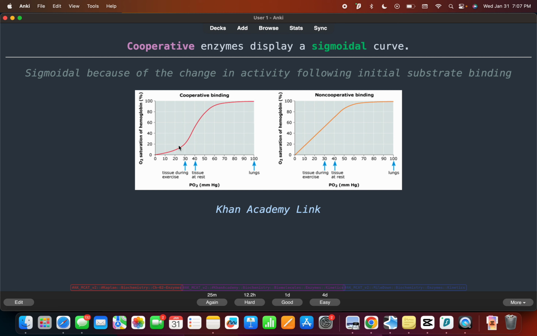The more molecules they attach, the more affinity it has. It exponentially adds, so the tissue during exercise, and then the tissue at rest, and the lungs. So this is the oxygen pressure and the saturation of hemoglobins with percentage of the oxygen they're saturated with.